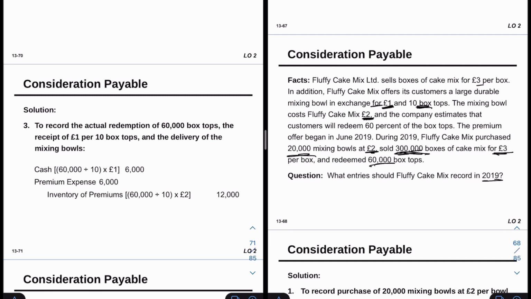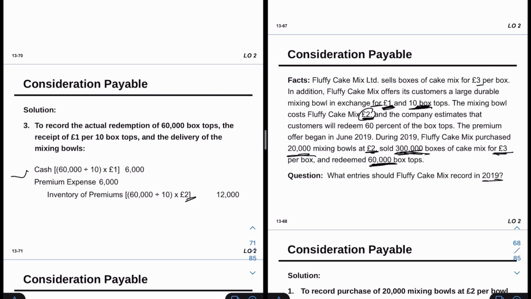10 box tops for €1, and instead of €2, which is the original cost for the company, now it's only €1. So the company received some cash for the redemption of 16,000 box tops, and each 10 box tops is worth €1. So 16,000 divided by 10, and then multiplied by 1, you will have 1,600. But the original cost was €2, not €1.